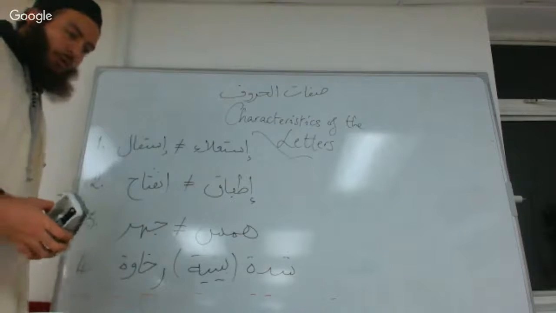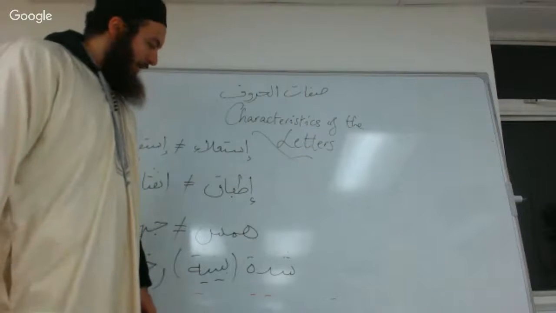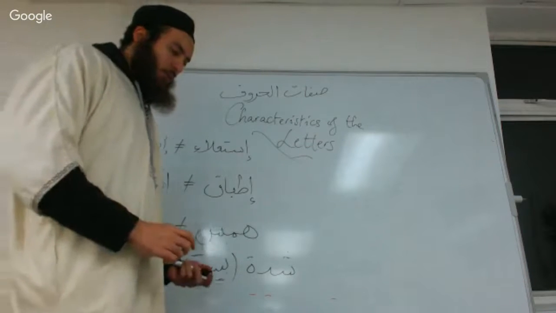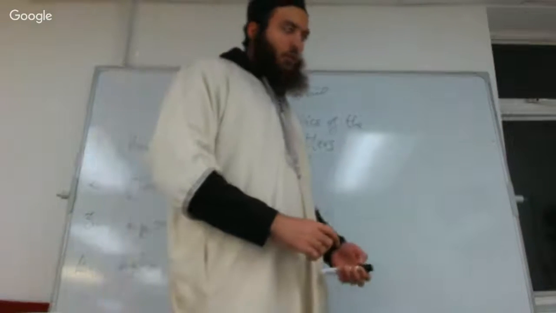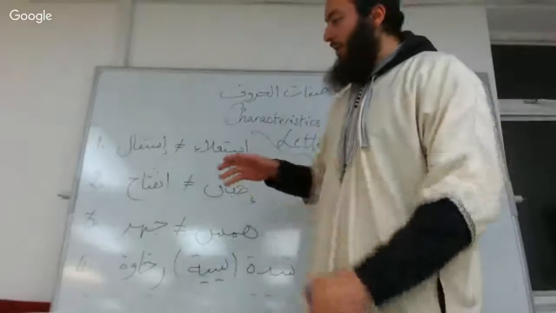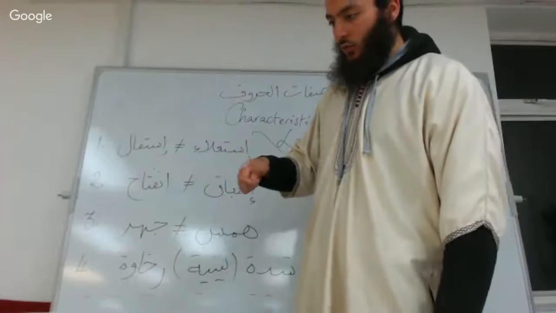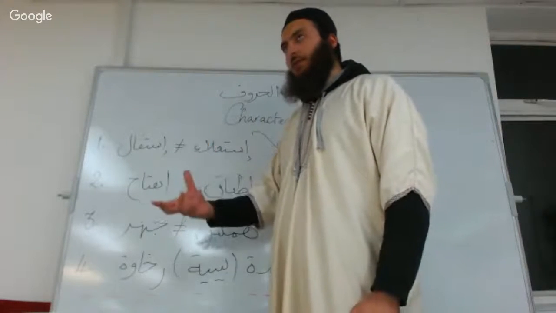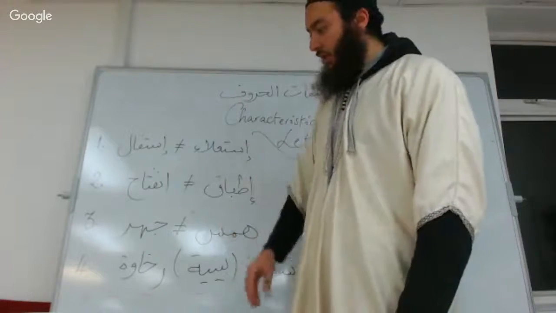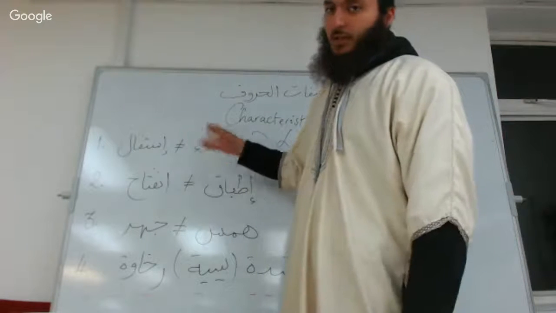There's one more point, I guess, to mention before we start describing the characteristics. It's that, according to the most accurate view, Allahu A'lam, every single sifa applies to its respective letter in all its cases. Meaning, let's say isti'la, one of its letters is kha.